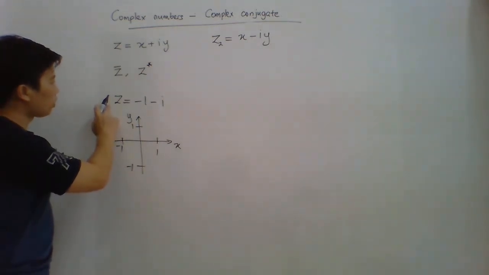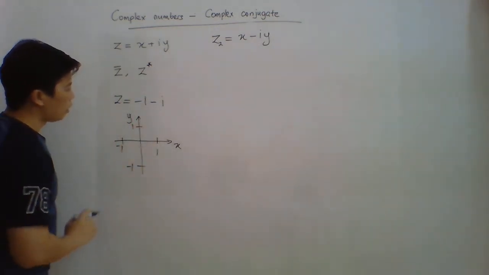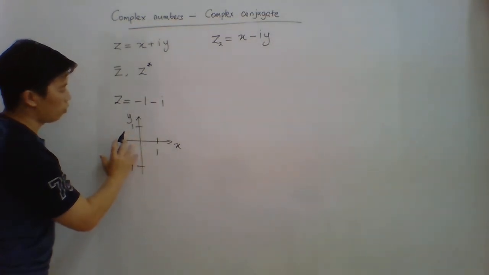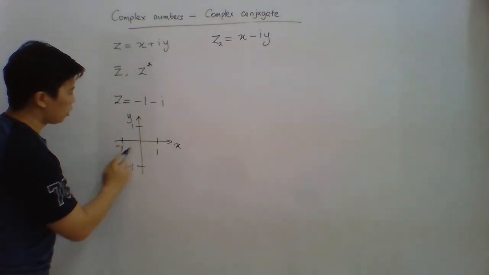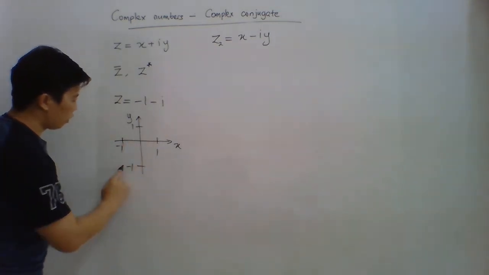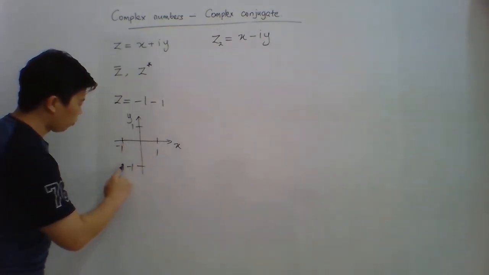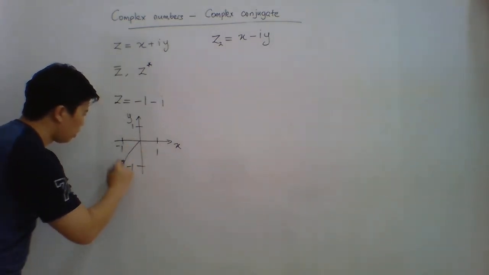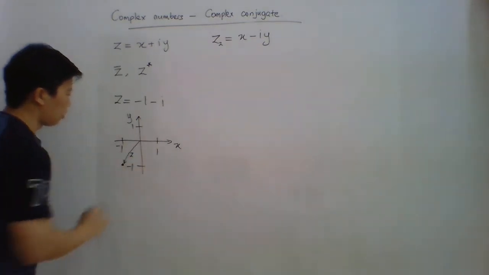When you want to plot z equals minus 1 minus i, you are going to have a point in this quadrant where x equals negative 1 and y is going to be negative 1. So I have a point over here, and this is my z.